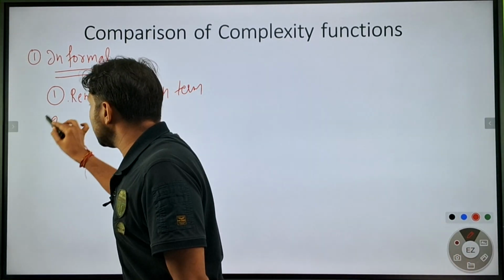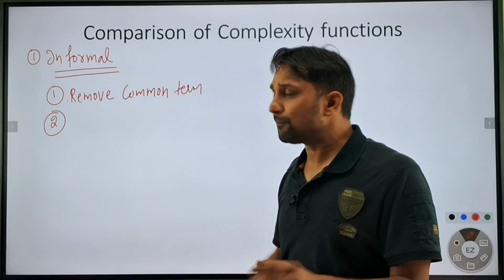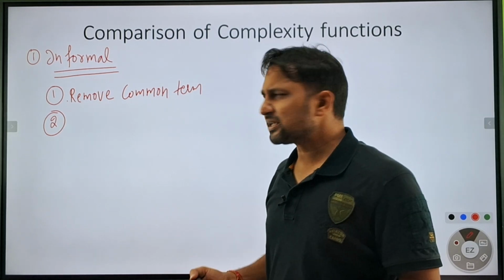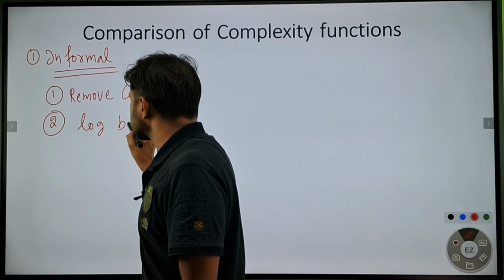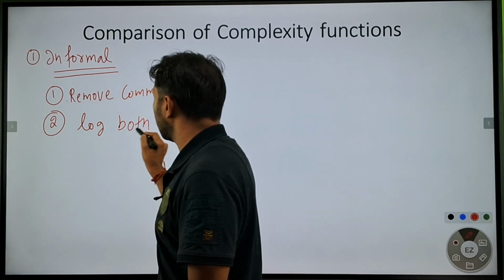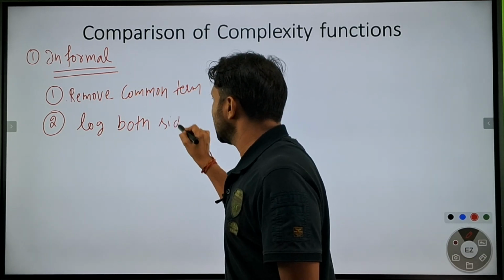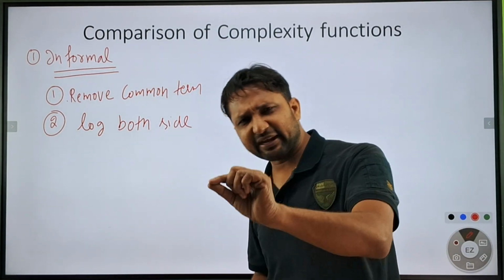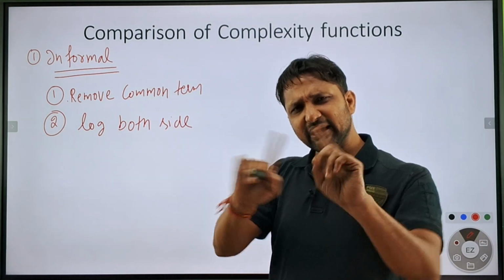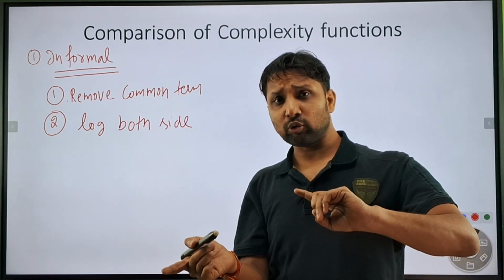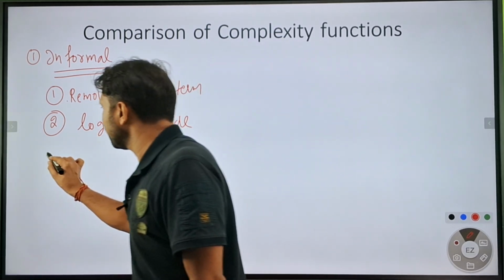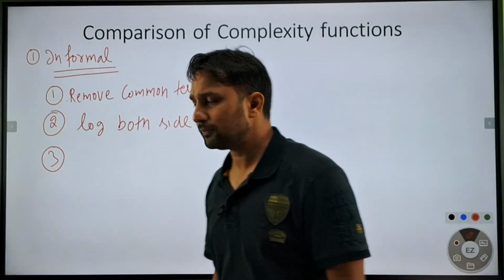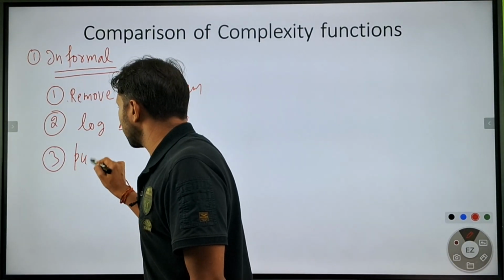But if you are not getting the answer after applying the first step, you can move to the second one. In the second one, you can apply the log both sides. Apply log both sides, meaning on the first function also and the second function also apply the log, and then check out who is greater, who is smaller. If still you are not able to find out which is greater, which is smaller, the third step you can move on to: put some large input value.